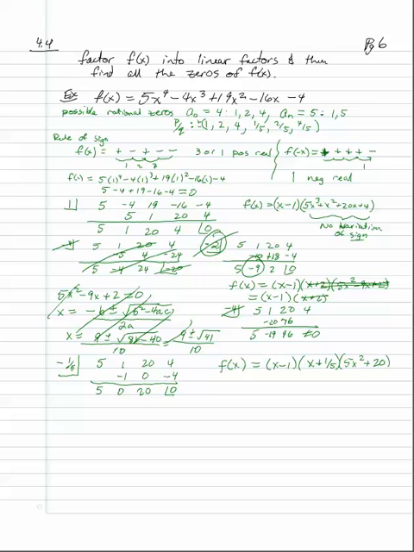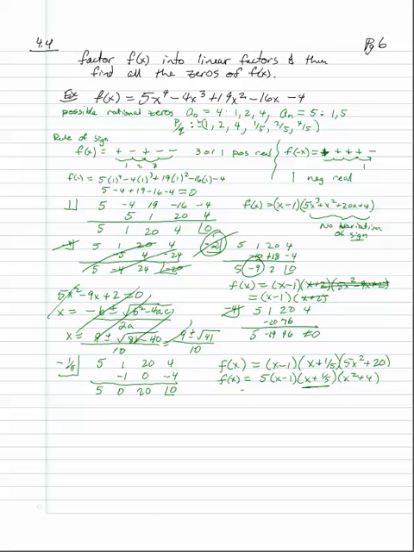Now that one's easy to factor, right? Because you can factor out the 5 and move it to this other one, or just bring it out to the front, it doesn't matter. So normally I would put it in with this one here, the x plus 1/5. So we get x squared plus 4.